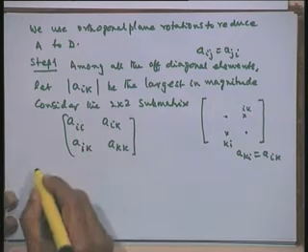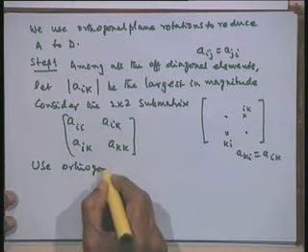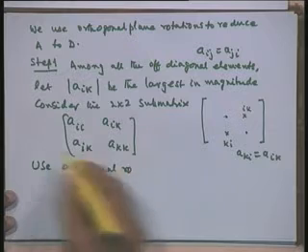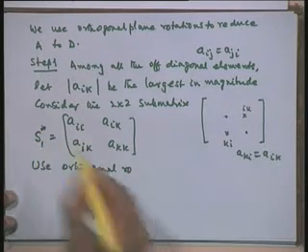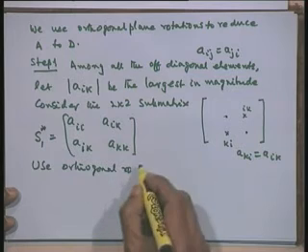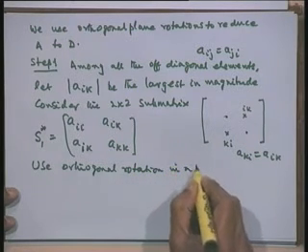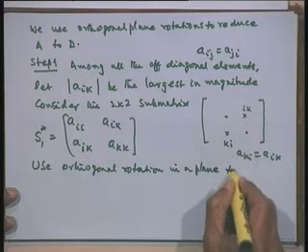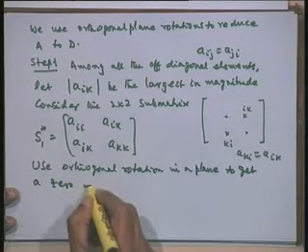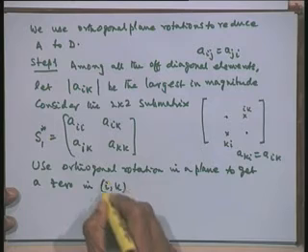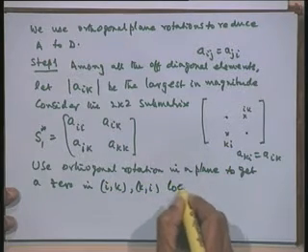Now, I consider this submatrix and reduce this element Aik to 0 by using an orthogonal rotation in the plane. Let us call the rotation matrix S1 star. Use orthogonal rotation in a plane to get a 0 in the ik and ki locations.